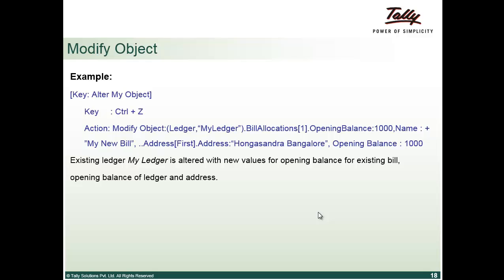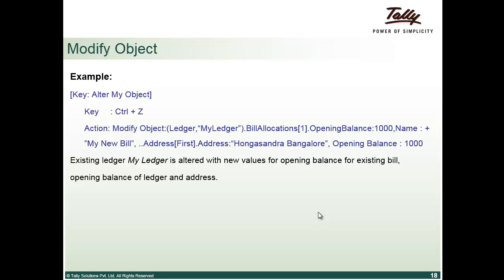So what does dot mean? Dot means that I'm going to the owner scope. So right now we were in the bill allocation scope, so when I write dot I go to the ledger scope, and in that ledger scope, address, first dot address. So we know that address has multiple lines, so the first line of the address is changed to Hongasandra, Bangalore, and then the comma, opening balance.